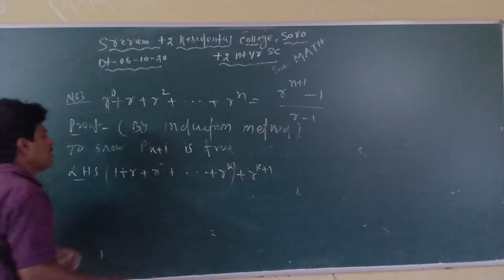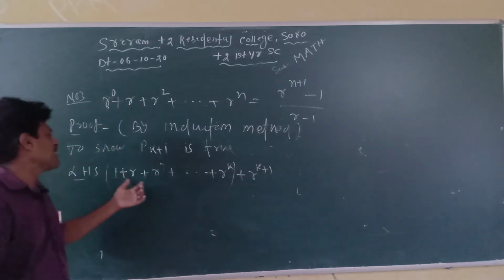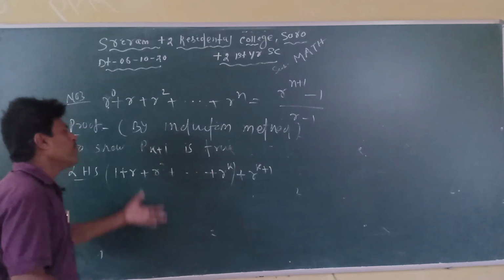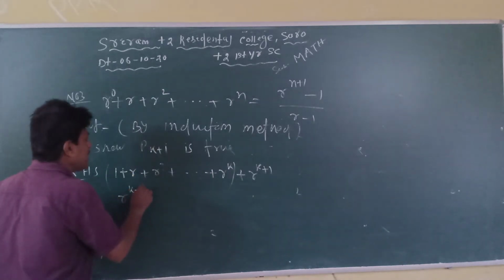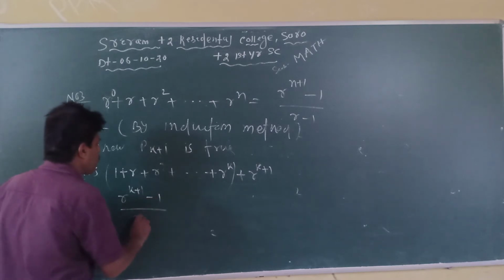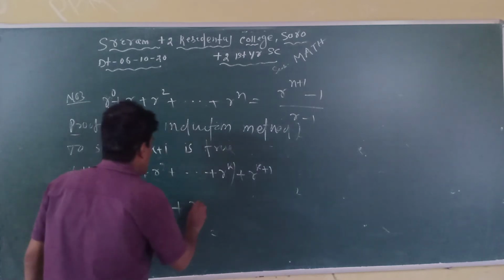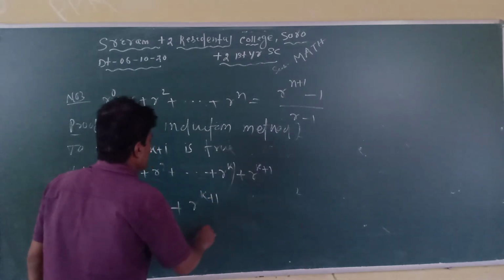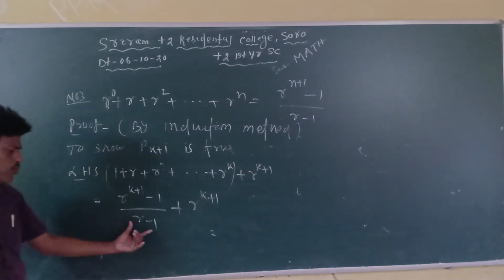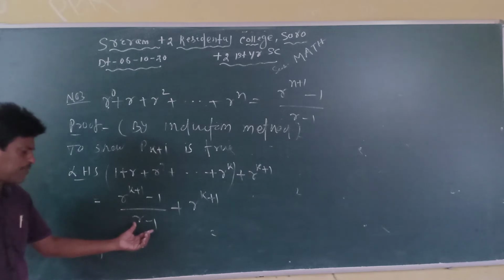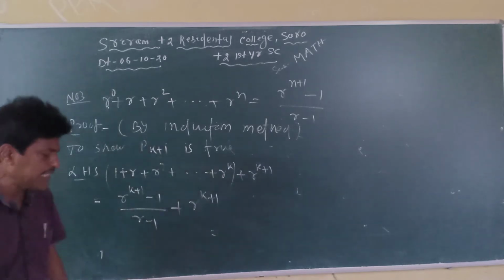We know from step 3, for 1 plus r square plus r to the k, we can put that particular formula, r to the power k plus 1 minus 1 by r minus 1, plus r to the power k plus 1. Here in this case, the LCM is r minus 1. The LCM is r minus 1.